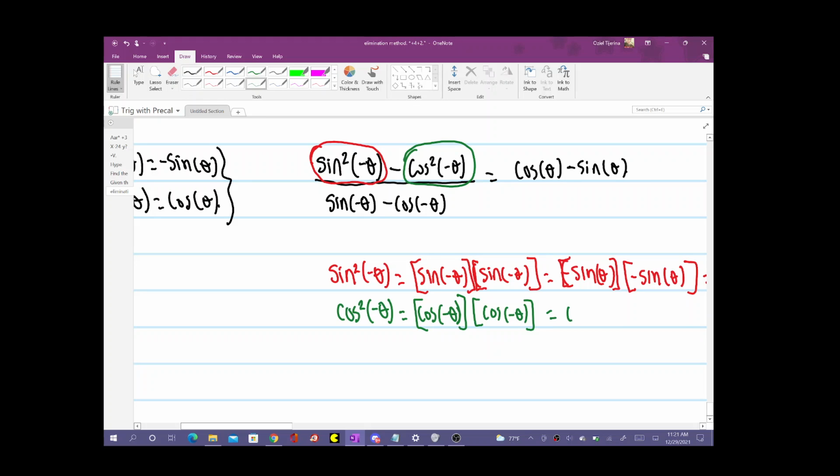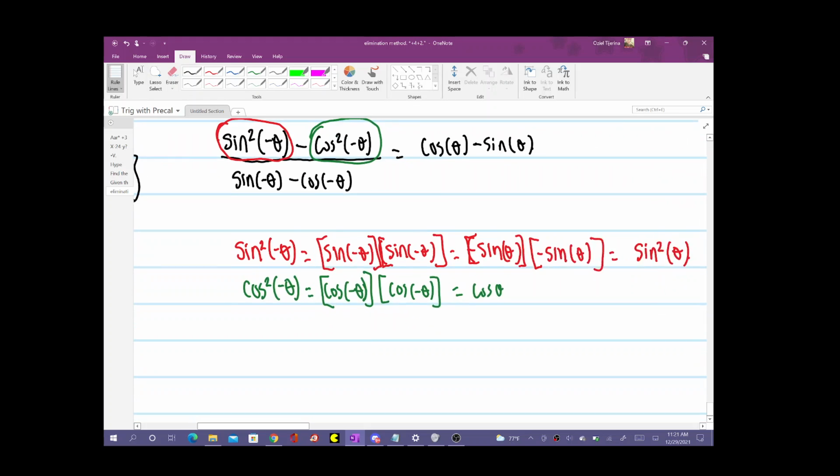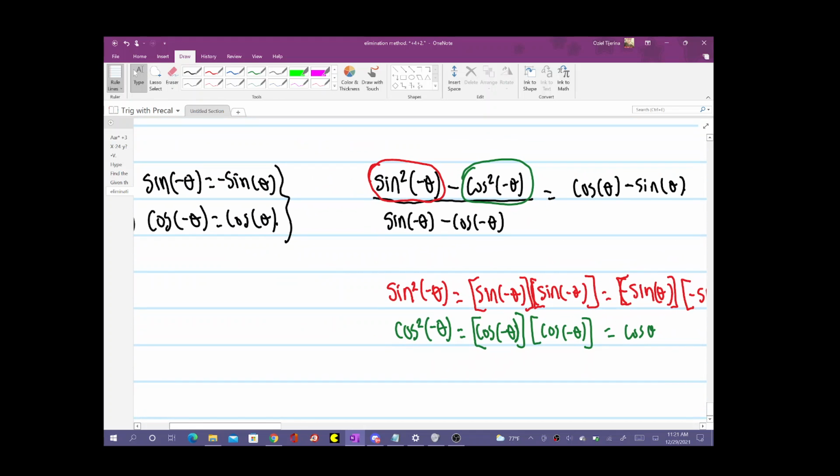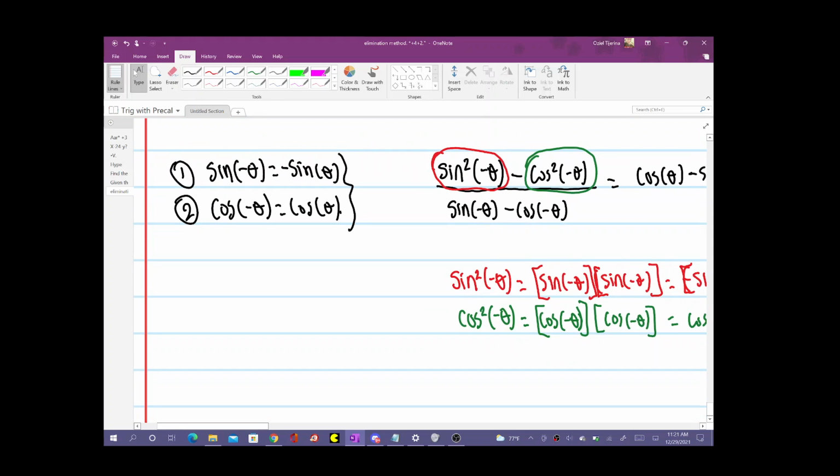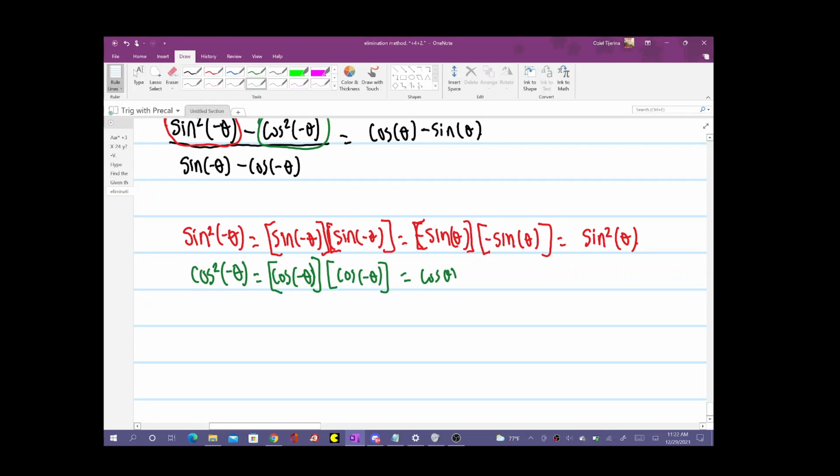This is equal to cosine of theta, because cosine of negative theta is cosine theta. Remember? Right here. So we have cosine of theta times cosine of theta equals cosine squared of theta.